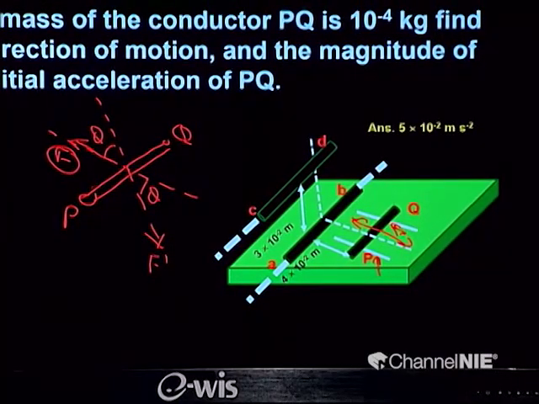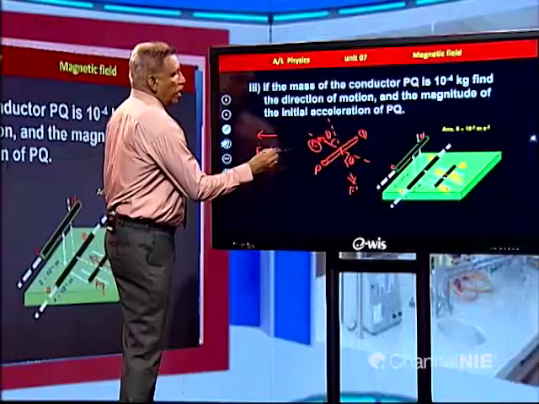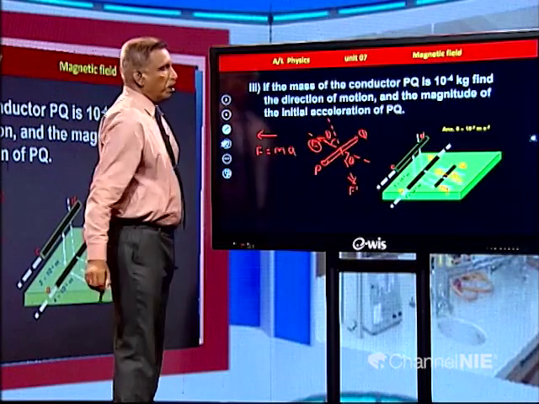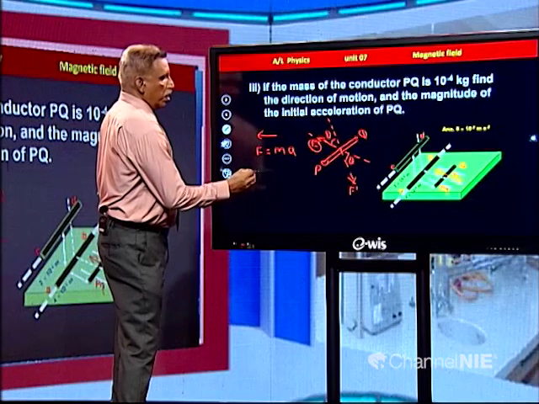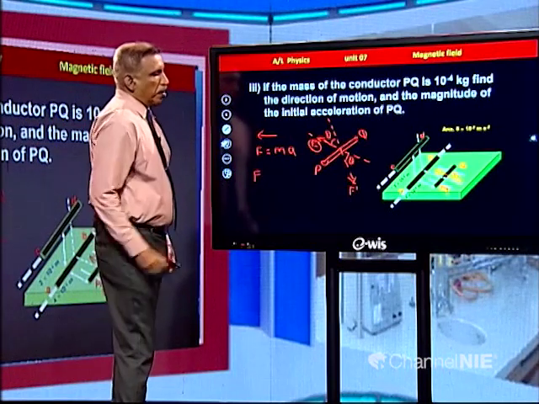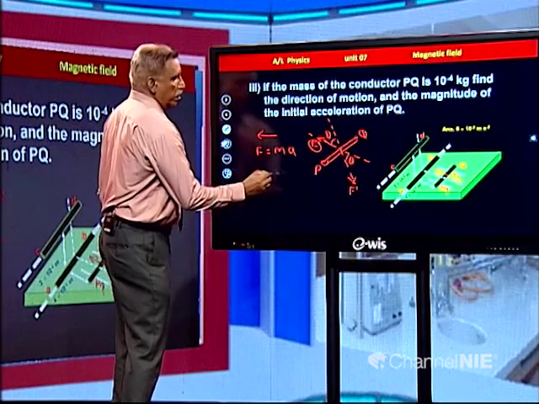So, in this direction we write, by Newton's second law, F equals MA. So, what is F? F minus F dash cos theta.